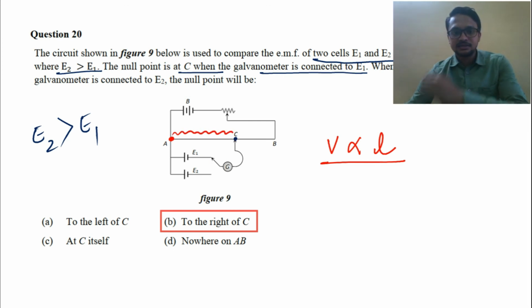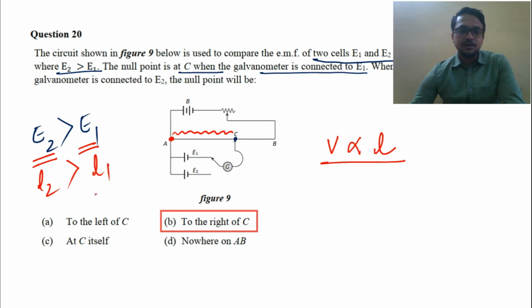Potential difference is directly proportional to the distance between the two points on the wire. Now as E2 is greater than E1, obviously the length required to balance EMF E2 should be more than for E1. Suppose L2, so L2 should be more than L1.